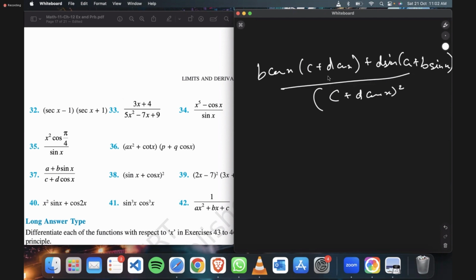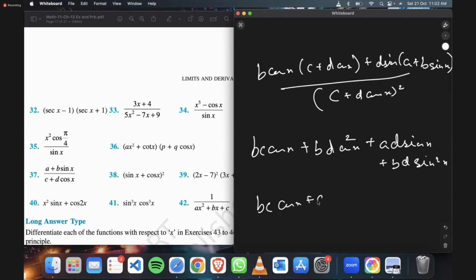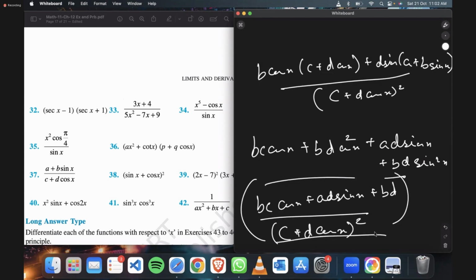Let's open up the bracket, see if we can simplify it further. bc cos x plus bd cos square x, yeah, ad sin x and bd sin square x. So bd we can simplify. So bc cos x plus ad sin x plus bd, like bd (sin square x plus cos square x) will be equal to 1, right? And in the denominator also I have (c plus d cos x) the whole square. So this will be your final answer. It may look dirty, but that is what it is. Moving on.